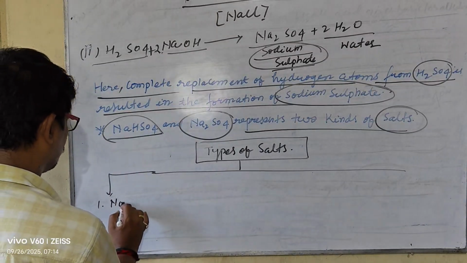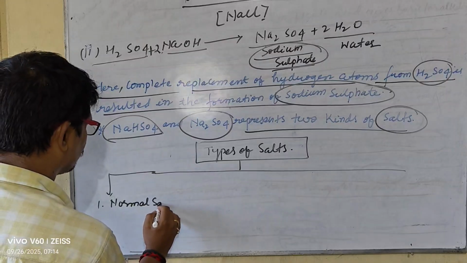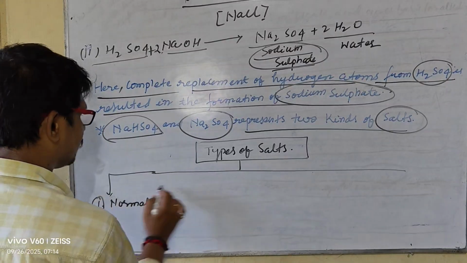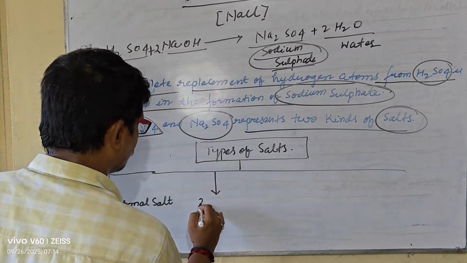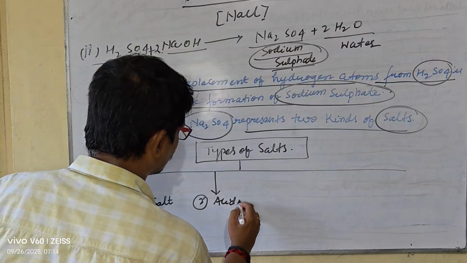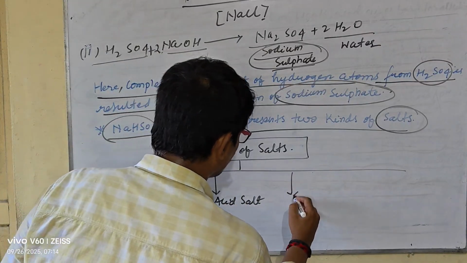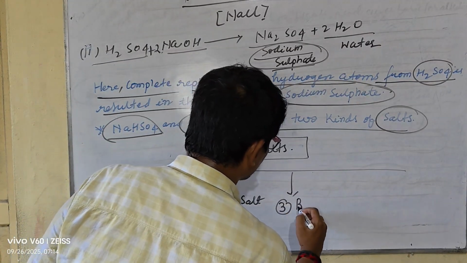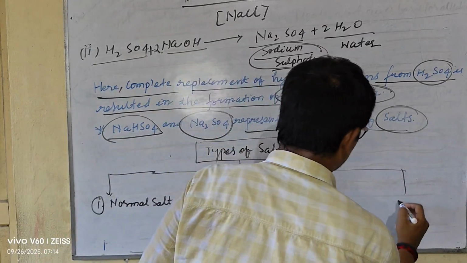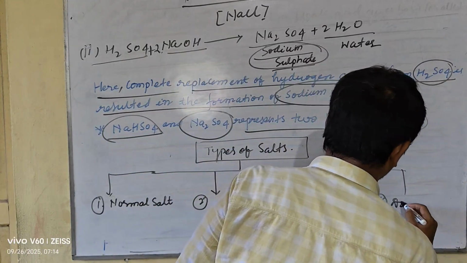First is normal salt, second is acid salt, third is basic salt, and fourth one is double salt.